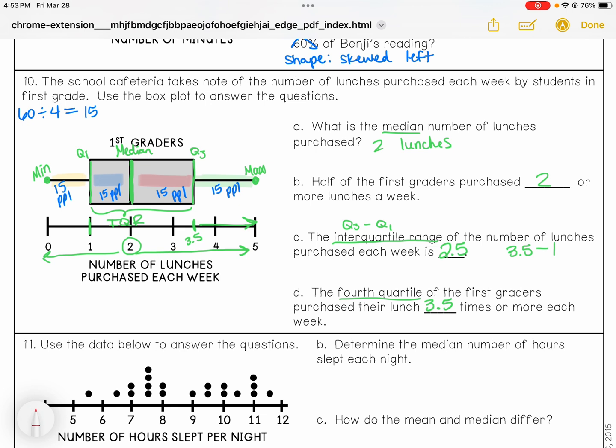So here, let's see, that's 2 to 3.5 and then 3.5 to here. Here, I would say this entire half, these 30 are more spread out. They did not order the same amounts, whereas the half that's down here, this data is closer together.